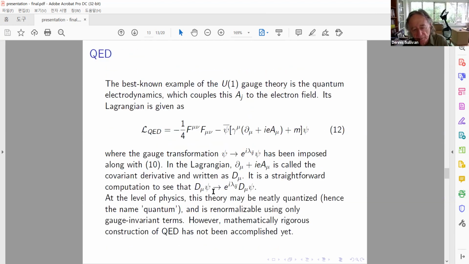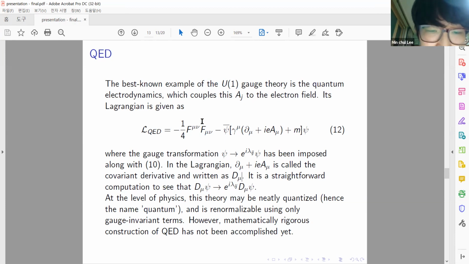You mean in the sense of the Wightman axioms? Right. In what sense? In the sense of operator valued distributions, and we'll talk about this later.